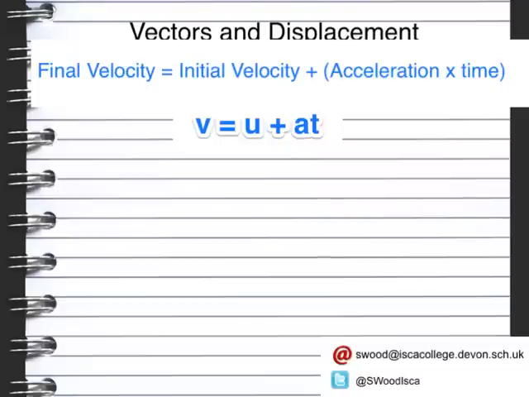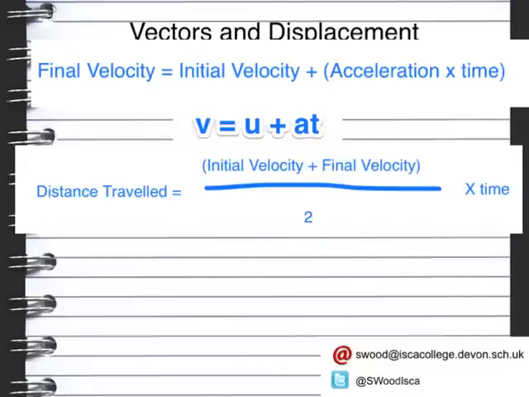Now, the second equation we are going to look at is this one here, where the distance travelled is equal to the initial velocity plus the final velocity, divided by 2, times the time. You might notice this is almost like a mean average.